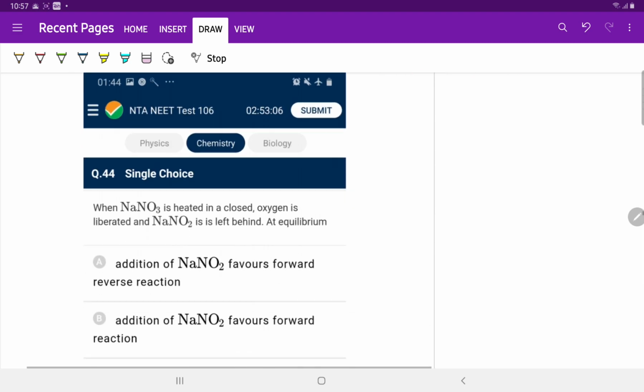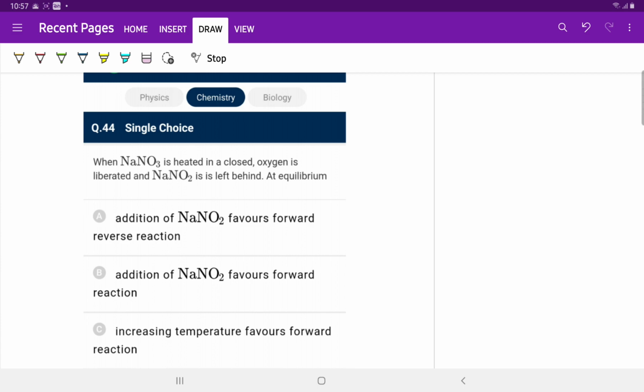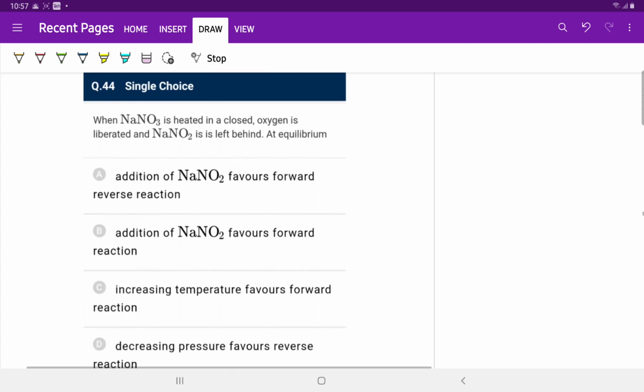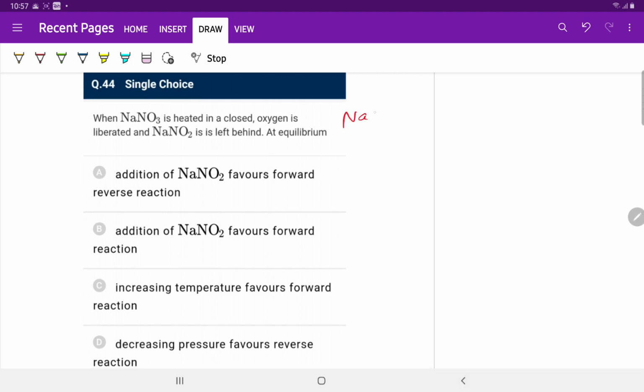Question number 44. When NaNO3 is heated in a closed vessel, oxygen is liberated and NaNO2 is left behind. Okay, at equilibrium, NaNO3 is heated. NaNO2 will form plus half of O2, and delta H is positive.